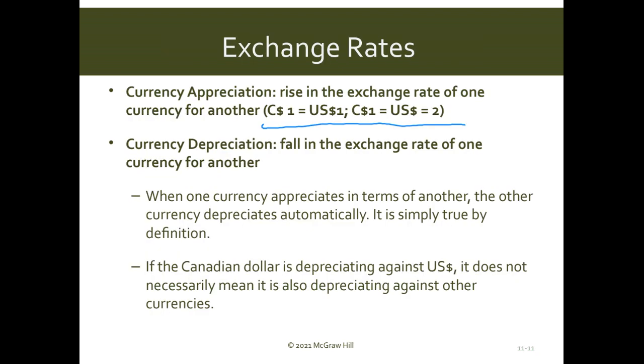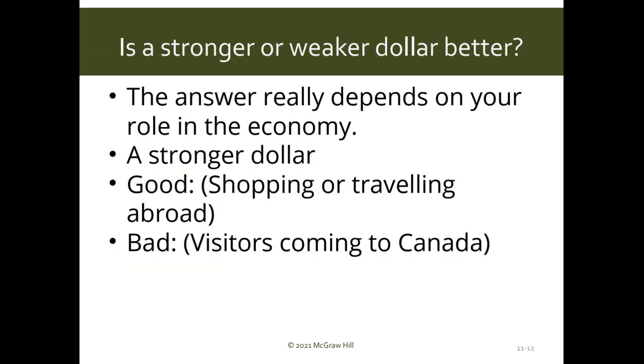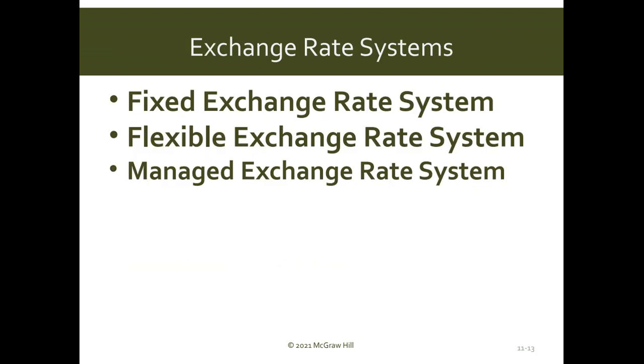So in the fixed exchange rate system, the government fixes the exchange rate. The government says, we don't care, one Canadian dollar equals 50 Indian rupees all the time. And we will see how the government actually manages to keep the exchange rate at a fixed rate. Okay.